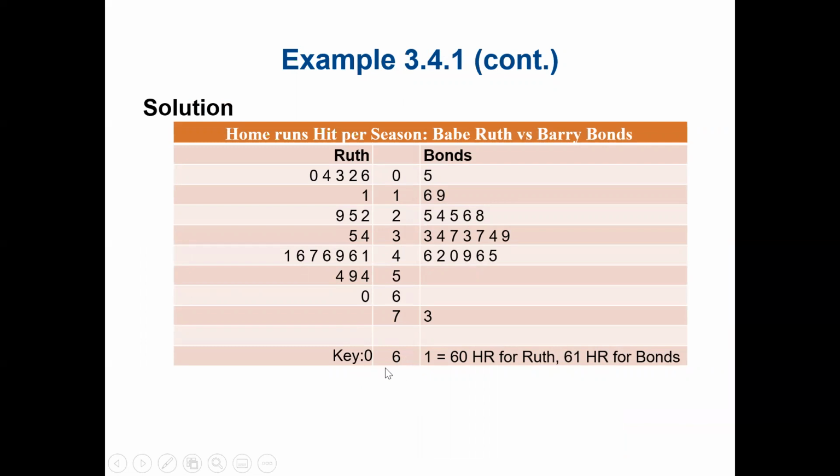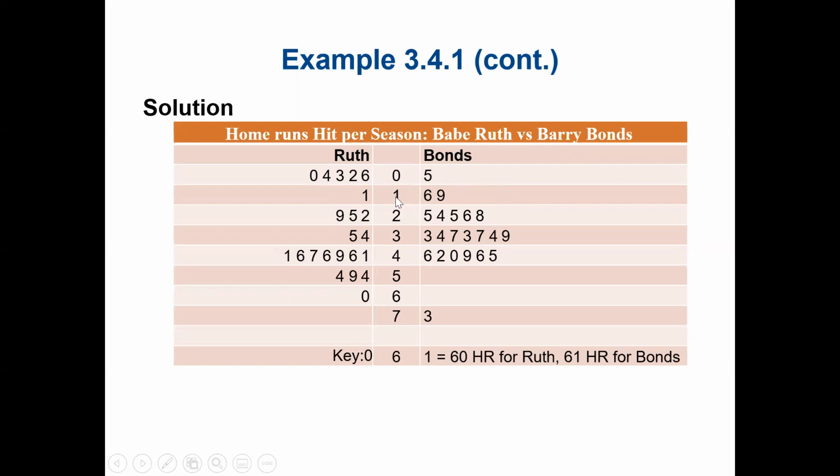So the key is 0, 0, and then 1 is 60 home runs for Ruth, 61 home runs for Bonds, based on here. So for example, when we say 0, it means the values are 0, 4, 3, 2, 6, and then 5.